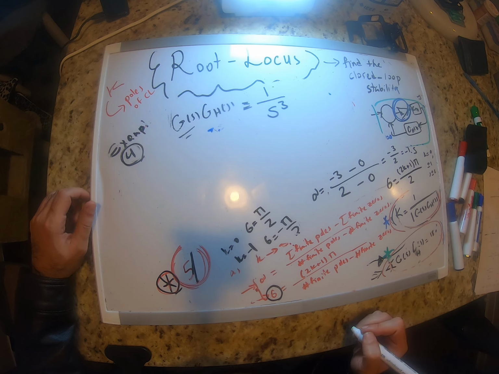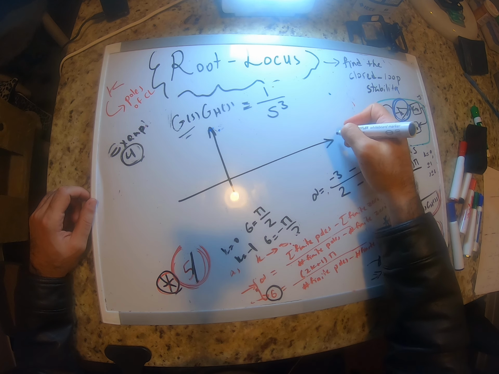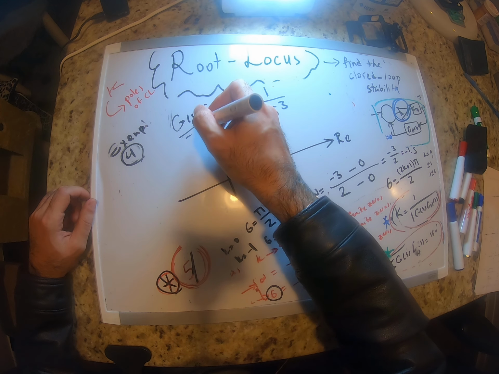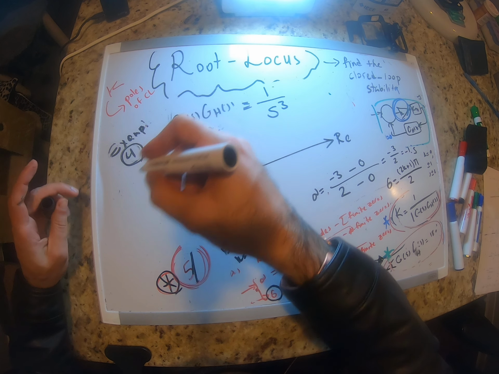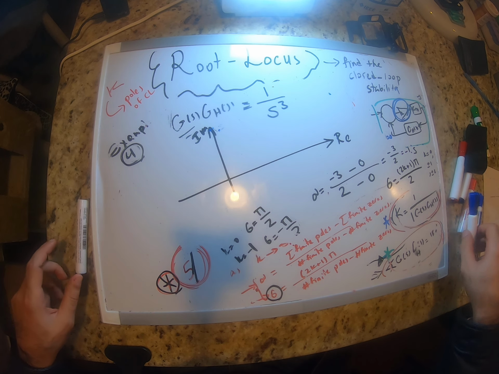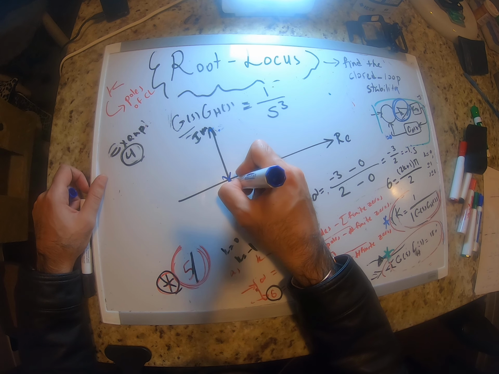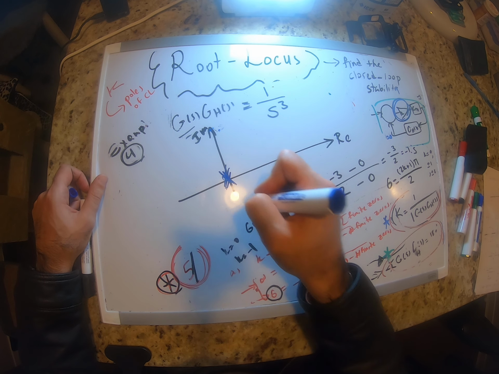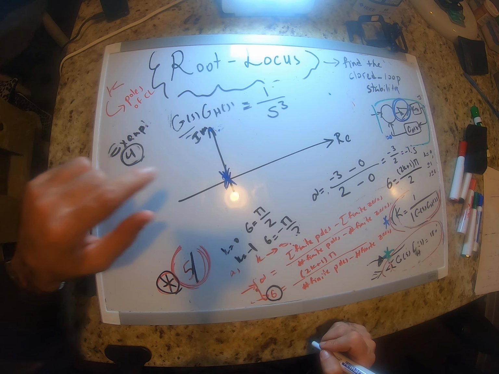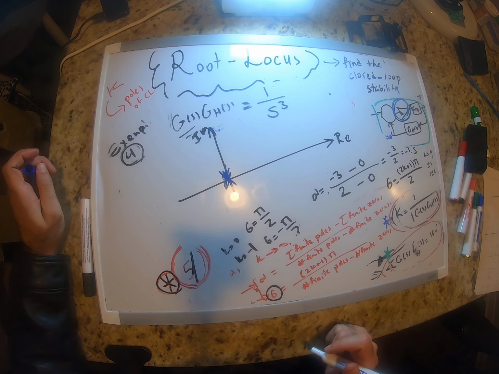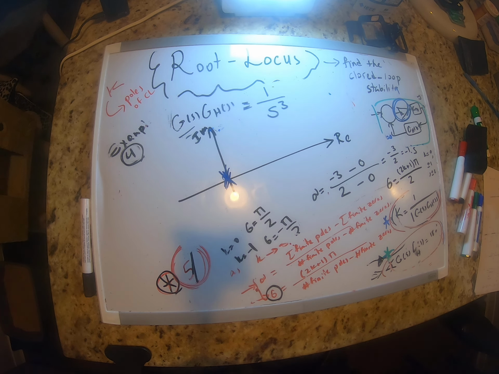Okay, so if I want to draw the poles of this on the S-plane, this is what we have. We have 3 poles, all of them at s equal to 0. 1, 2, 3. All of them here. Now, do we have any root locus branch here?